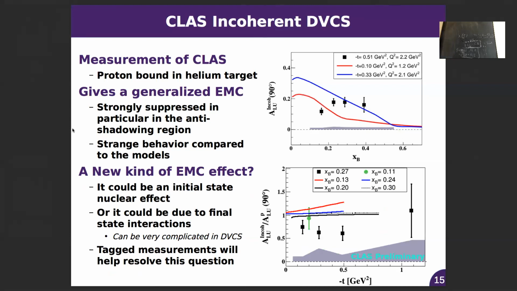The theory here is really at the starting point. I don't want to go into details of the theory models. I don't really have the slides, and I haven't gone back to them for a while. My point is that this initial data already indicates we need more theory.